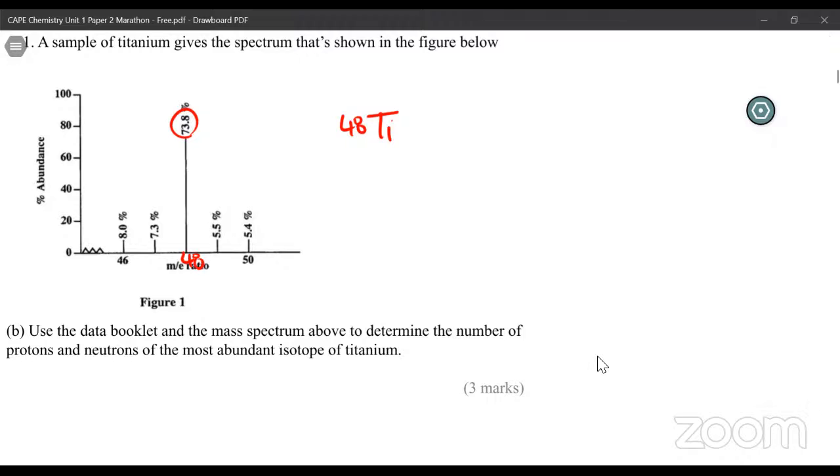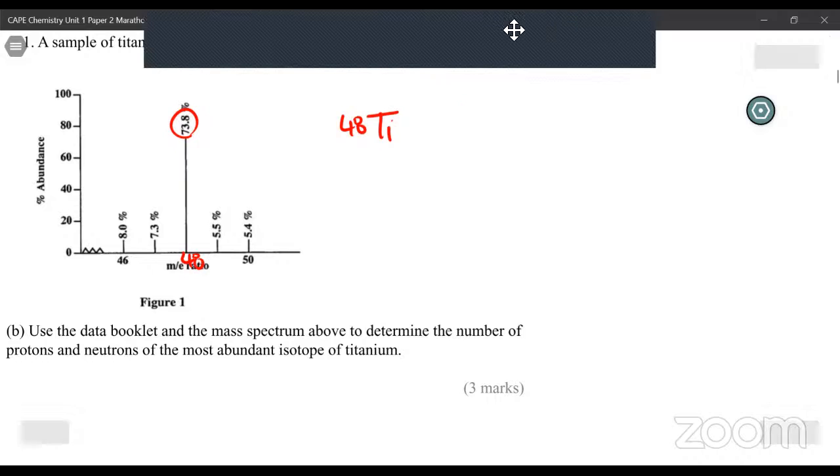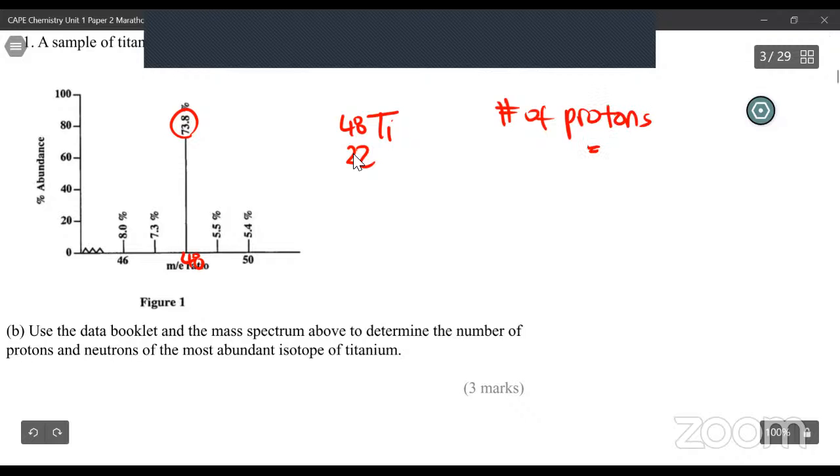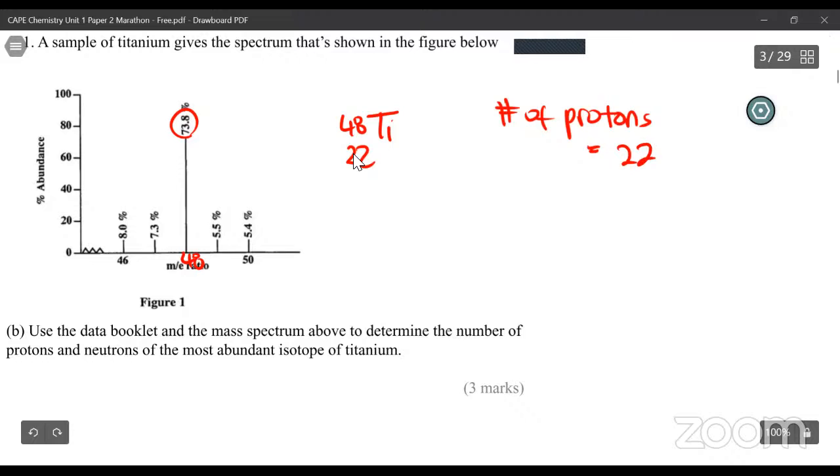Now, the atomic number of titanium is 22. So first of all, the number of protons would be the same as the atomic number, so it's 22. The number of neutrons would be the mass that we got here, 48, minus the number of protons, right?